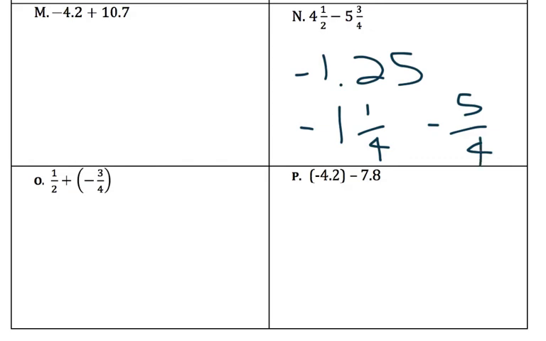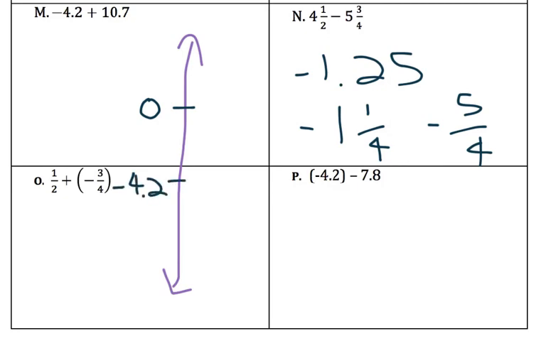Alright, and last one I'm going to show is P. So for that one, you could keep it in decimal form. You could also change it to negative 4 2/10 minus 7 8/10. But I'm just going to keep it in this form. And I see that we're starting below 0 at negative 4 2/10. And then it says minus 7 8/10.